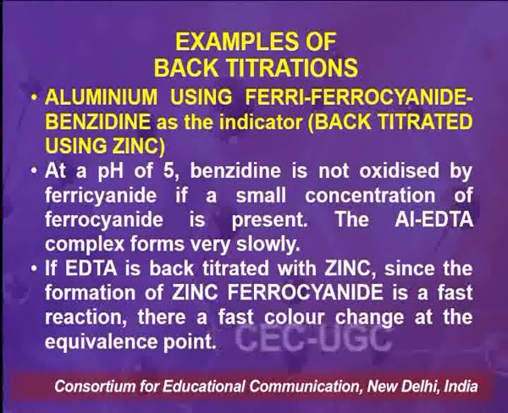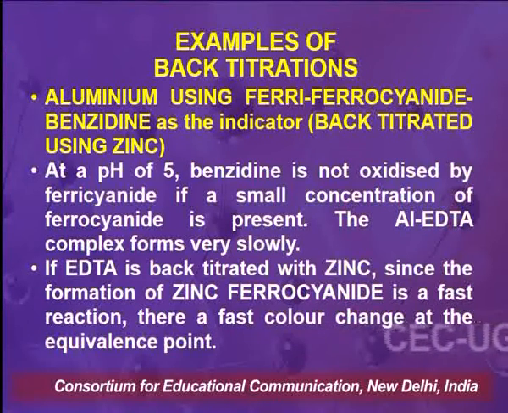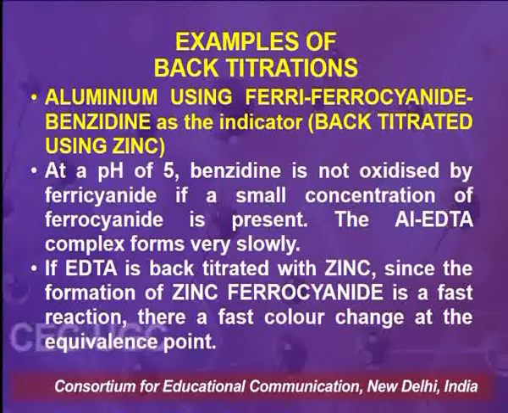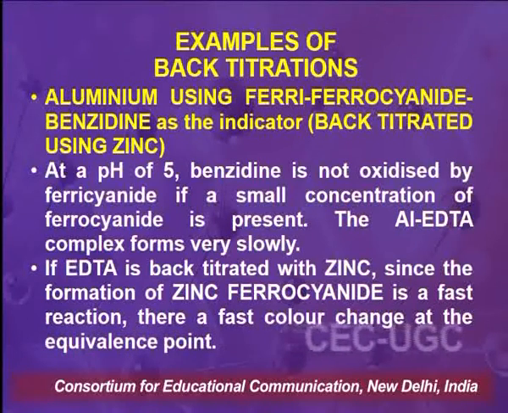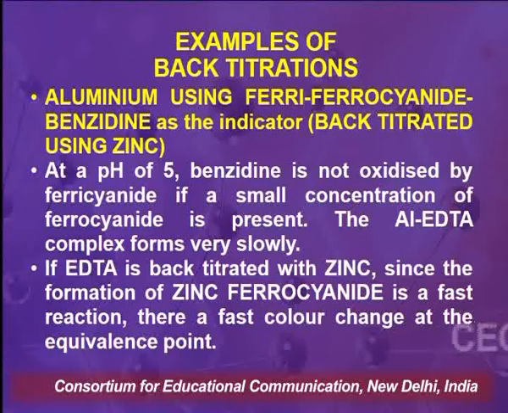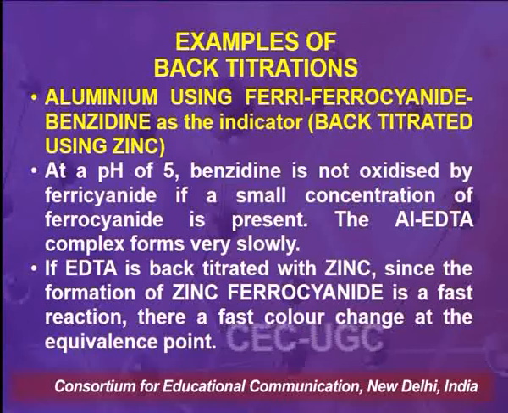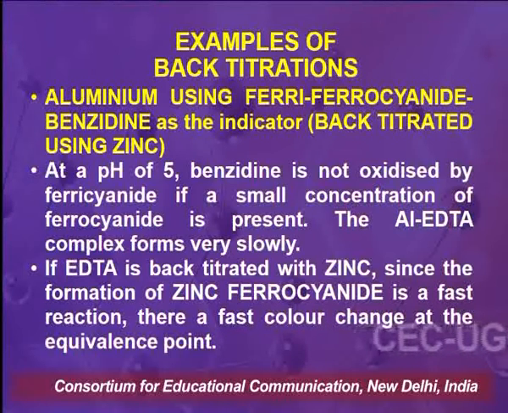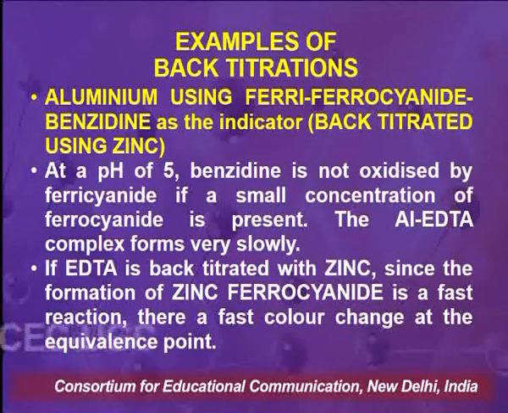Another example of back titration is the estimation of aluminium using ferrocyanide benzidine as the indicator, and this aluminium is back titrated using zinc in the burette. At a pH of 5, benzidine is not oxidized by ferrocyanide if a small concentration of ferrocyanide is present.